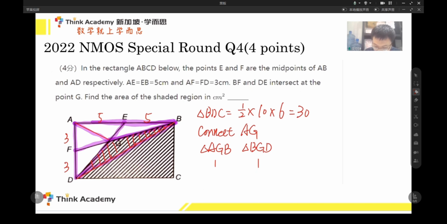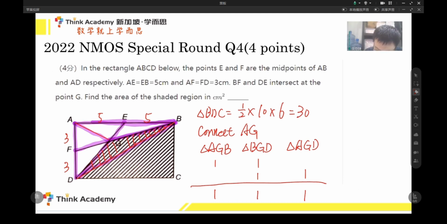And again, for AGD and BGD, the ratio of the area is 5 to 5, which is also 1 to 1. Putting them together, we find that AGB, BGD, and AGD all share the same area.